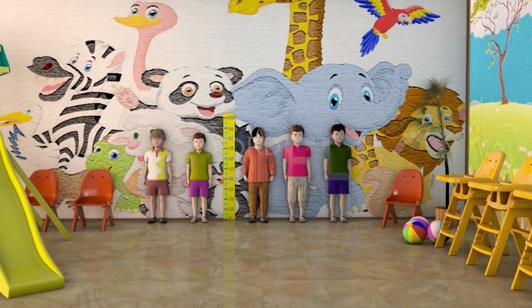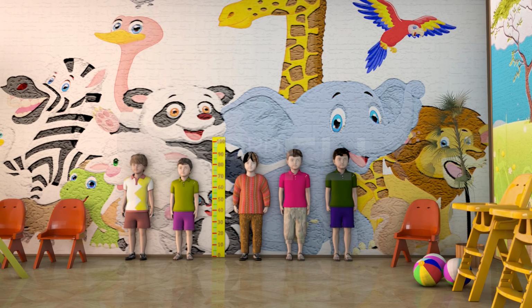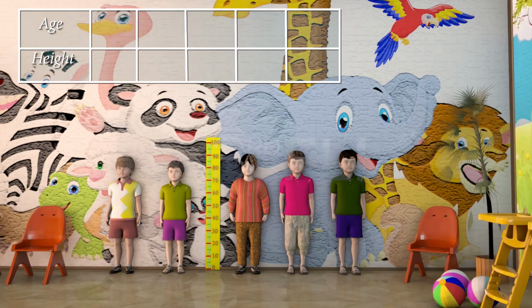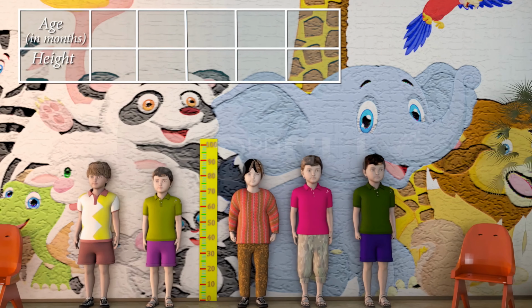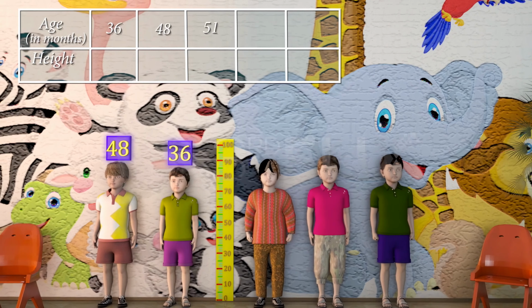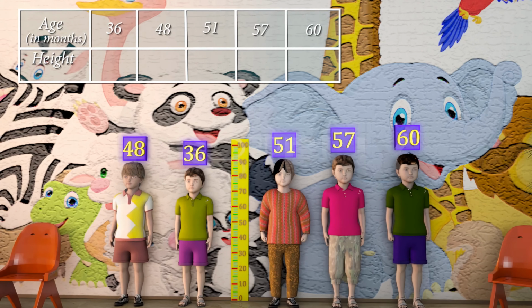If you look at a collection of people, you can think of there being a relation between height and age. Age in months: 36, 48, 51, 57, 60.